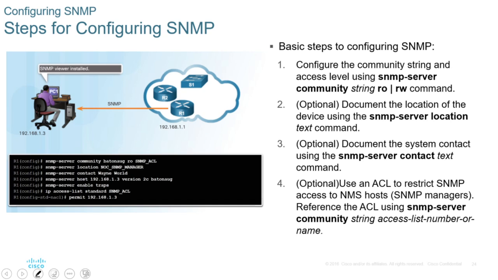So when we think about setting up SNMP on a Cisco device, for example a Cisco router, it is fairly straightforward. If you want to configure it with a community string, we can use the command snmp-server community and the community string there, and we can specify whether it is read only or read write.